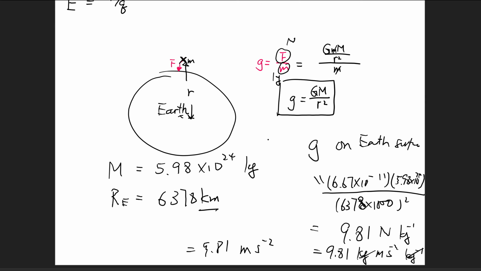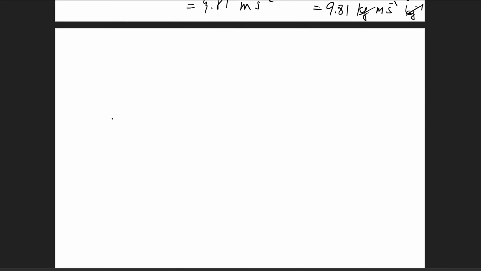Okay, then let's have a look at why this value is equal to the gravitational acceleration. Assume the object is free falling on the Earth's surface. So the only force exerted on it is the gravitational force. If we use Newton's second law, it states that this force equals ma.